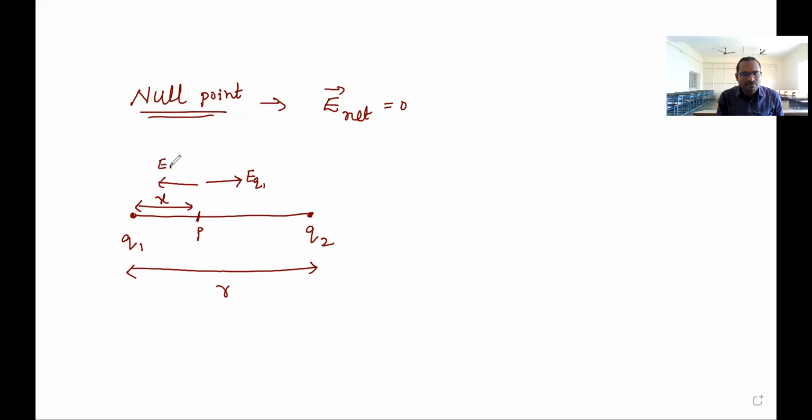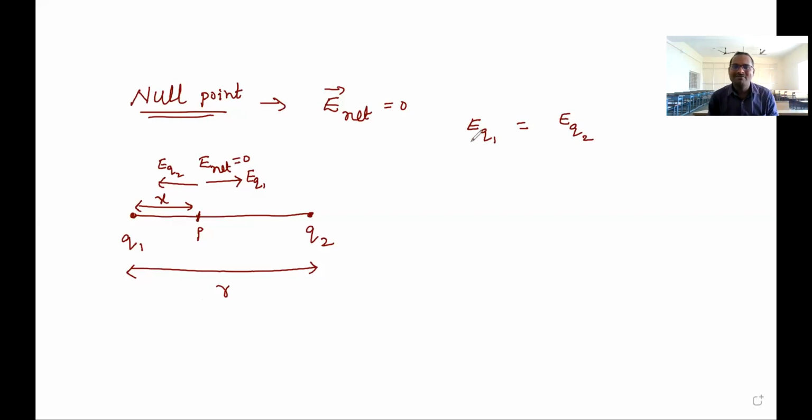This is the electric field due to Q2 charge. So if the magnitudes of the electric field due to Q1 and the electric field due to Q2 are equal, then the net electric field at this point will become zero. Are you getting? So that location we call a null point, where the net electric field is zero.